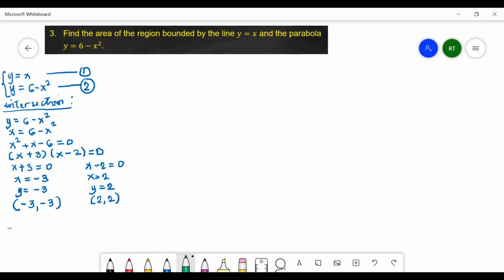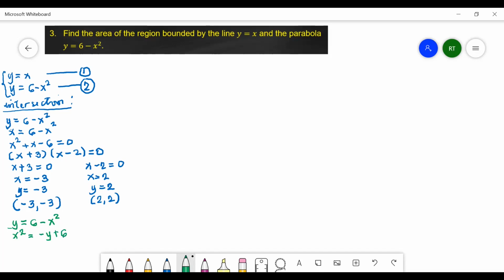Now, considering the parabola y is equal to 6 minus x squared, we know that this is a parabola opening downward. To locate the vertex so that we can easily draw the region, we can express this in the standard form. We transpose negative x squared to the left member and y to the right member so that we have x squared is equal to negative y plus 6.